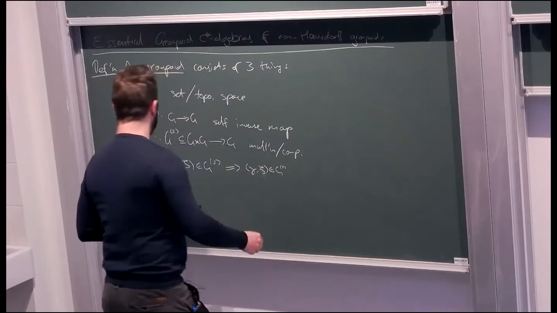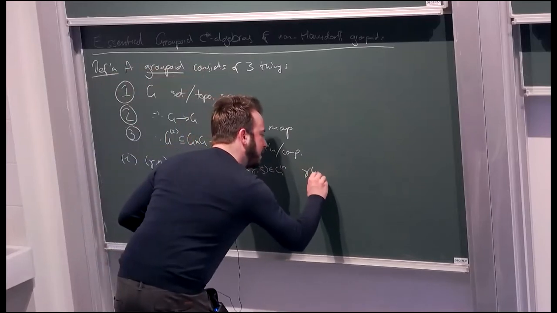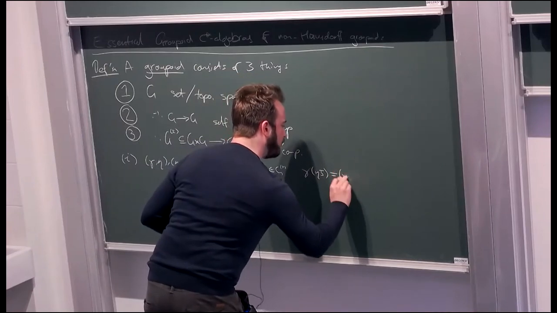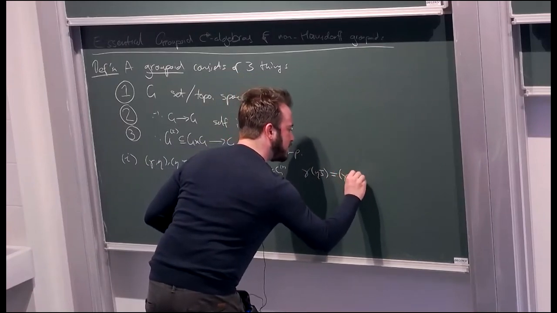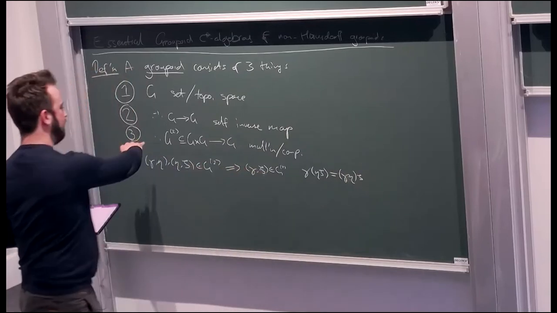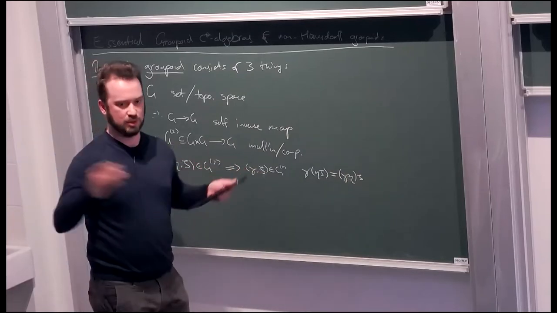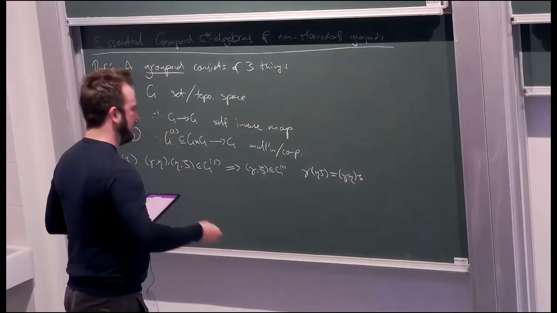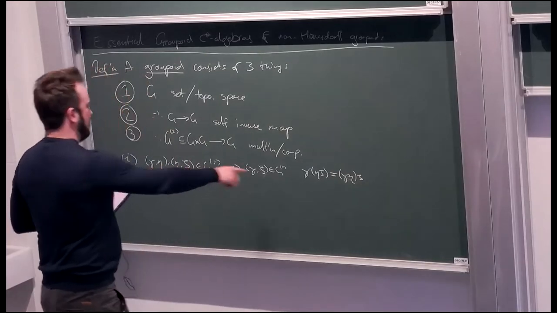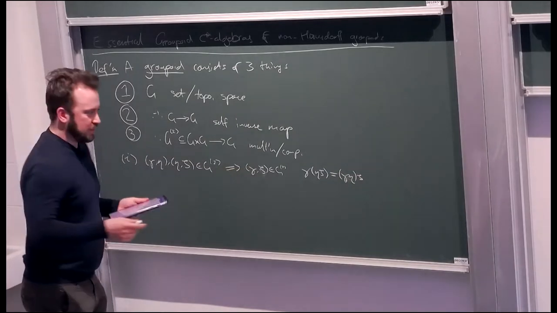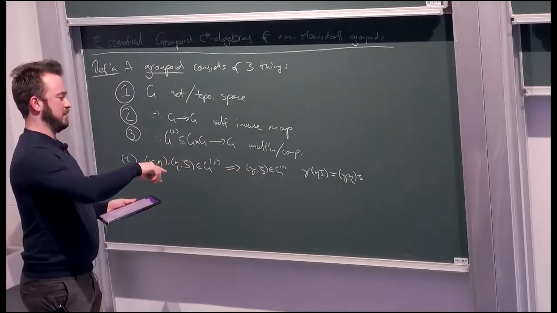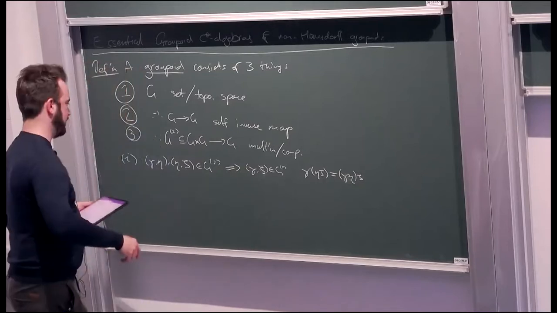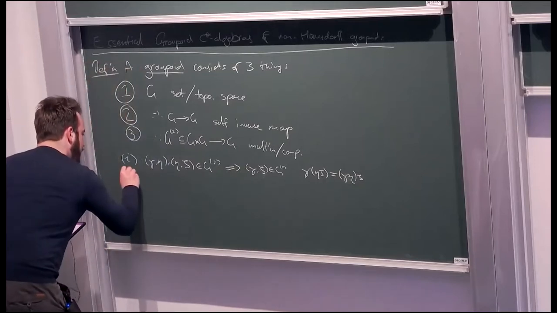So gamma with eta zeta should be equal to gamma eta with zeta. I haven't put the dot here for this multiplication, I'm just using juxtaposition like we usually do in groups. But this is your associativity condition. You just have to put this little caveat at the start to say it's associative when it makes sense. When it doesn't make sense, all bets are off.